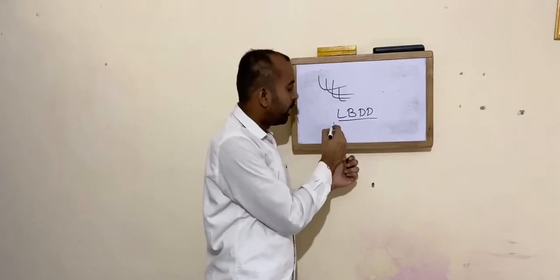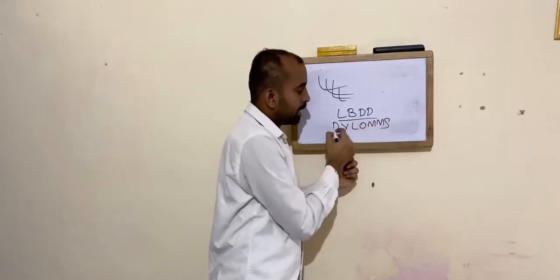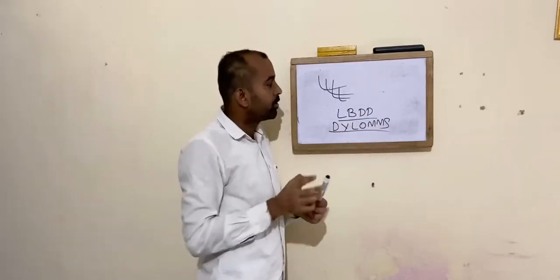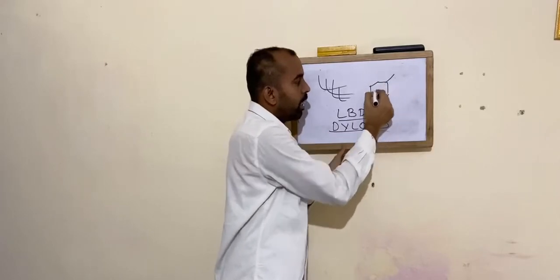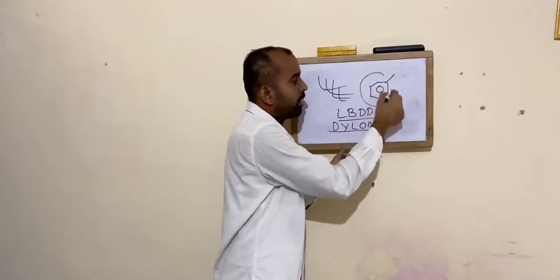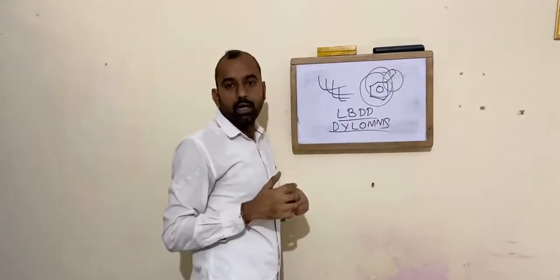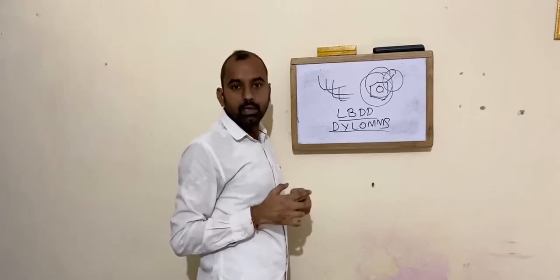Sometimes you even call it DILAMS, that is dynamic lattice oriented molecular modeling system. That means you have a lattice of your drug and you superimpose all the other lattices and screen them. Such type of docking studies are called ligand based drug design.